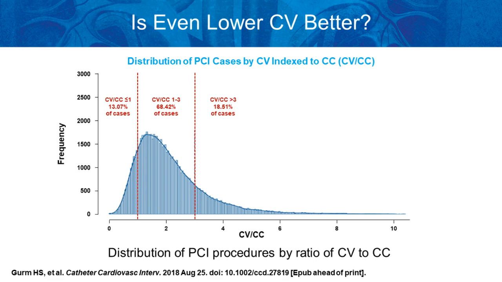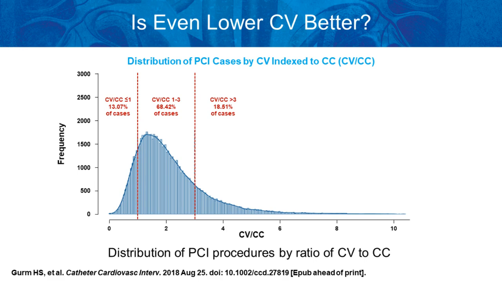Now, one of the interesting things that happened as we shared these data was that the curve shifted quite a bit to the left. These are the procedures that were performed in Michigan in more recent years. While we were focused on reducing the number of patients where we exceeded contrast volume of more than 3 times the creatinine clearance, there was a push by some operators to take the contrast volume down even lower.